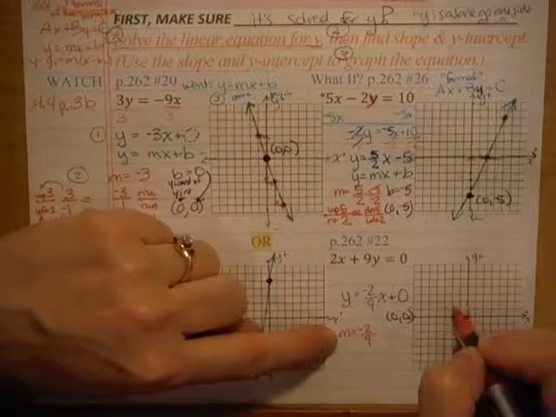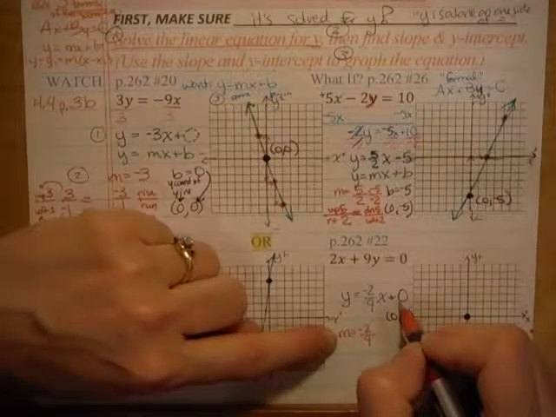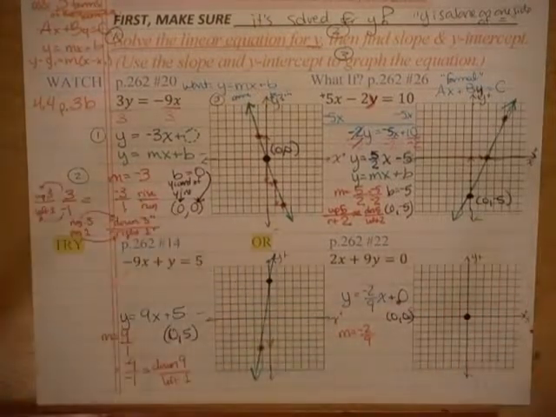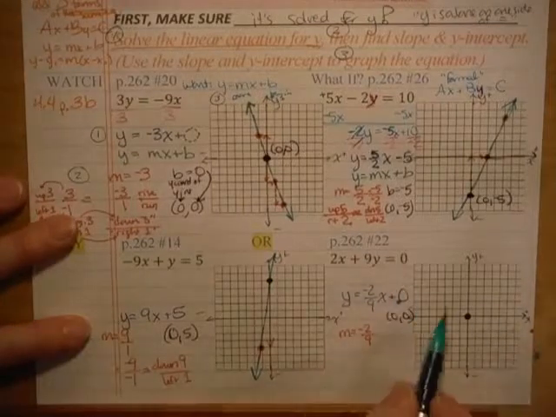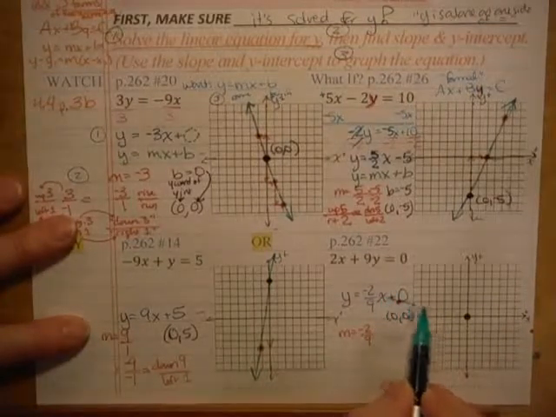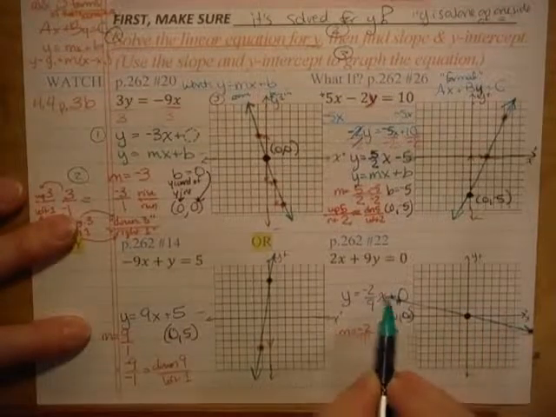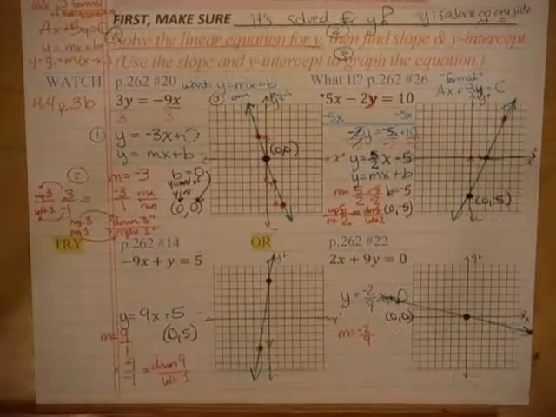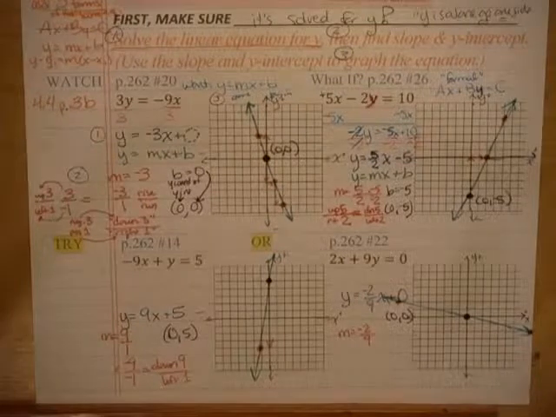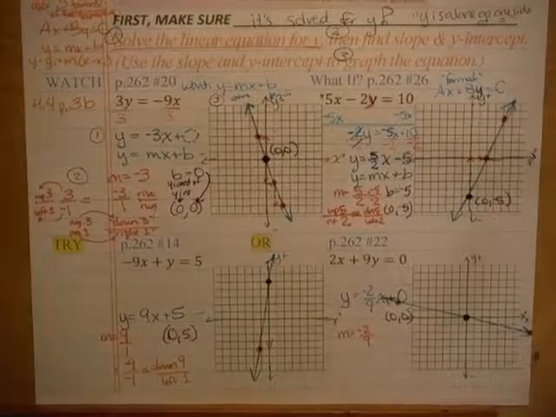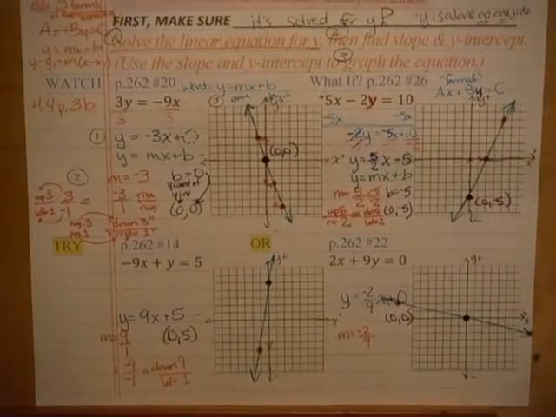Or if I go up 2 and to the left 9, let's see, 7, 8, it's kind of way over there. That gives me enough to be able to create it here. Okay, and there you go. That is instant graphing. We'll see you on page 4, our last page for this section. Good job.